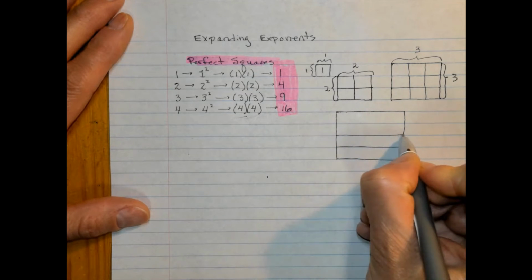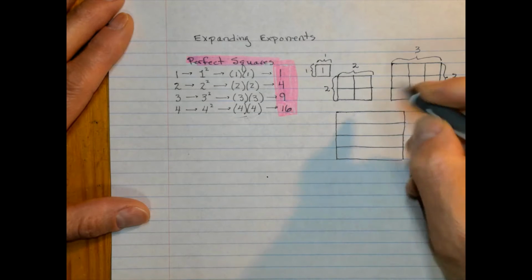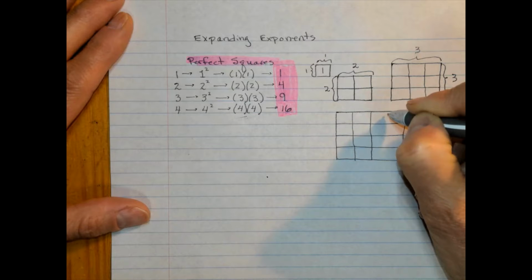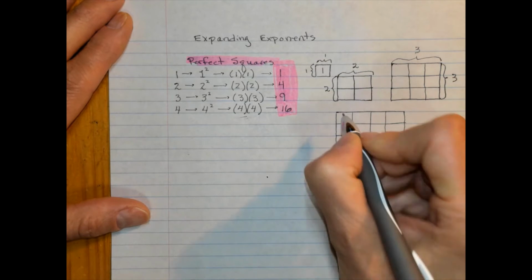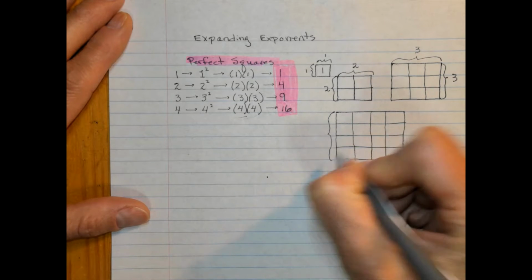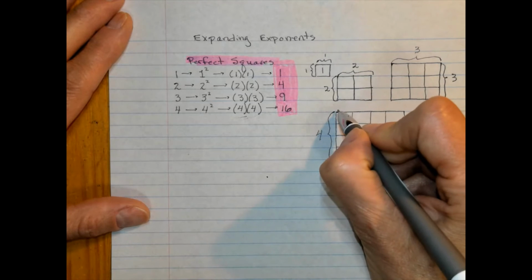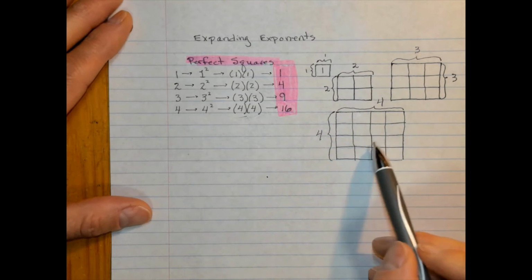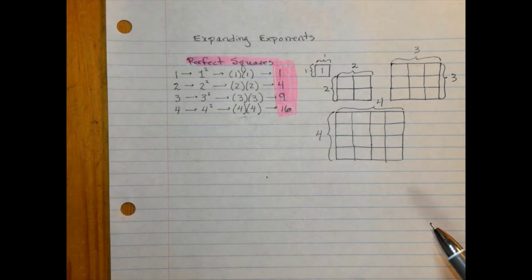So you're going to see that I get 16 square units in there. So this is 4. And this is also 4. So my area is 16.